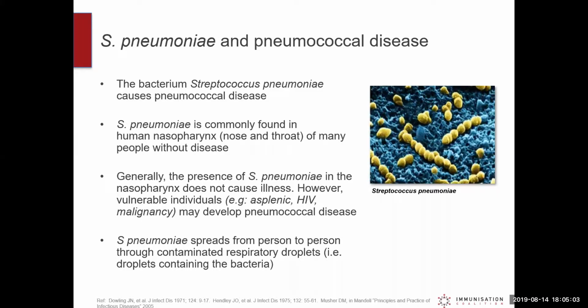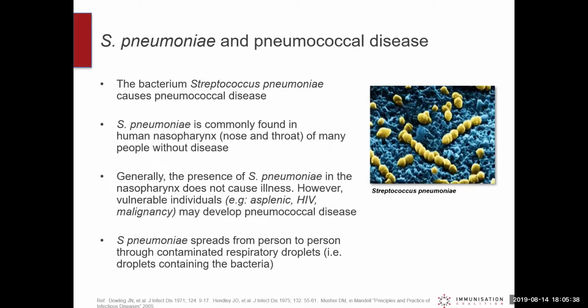The composition of those polysaccharides on the outer surface of the bacteria is very similar to the polysaccharides on some of the cells in our body. So when we get infected, our immune system isn't sure how to respond. It doesn't know whether to mount an immune response and build antibodies because it's not sure whether it's a threat or not.